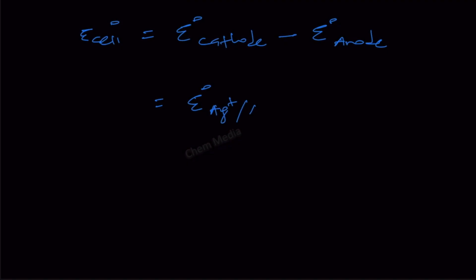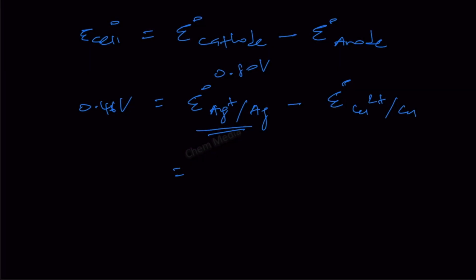So, this means we know that Ecell Standard is equal to standard reduction potential at the cathode minus standard reduction potential at the anode. So, therefore, this is equal to Ag plus becoming Ag minus Cu2 plus becoming Cu, and Ecell Standard is 0.46 volt, and this value is given as 0.80 volt.